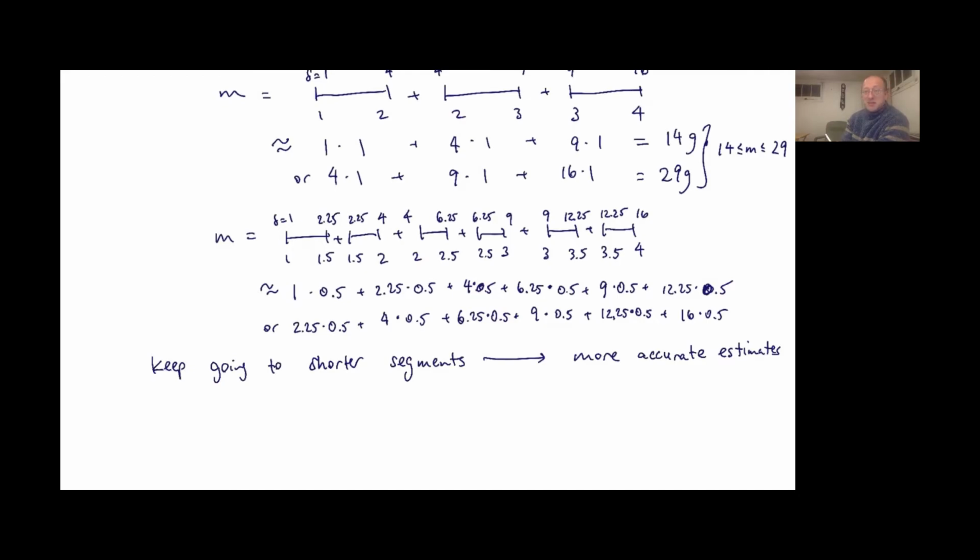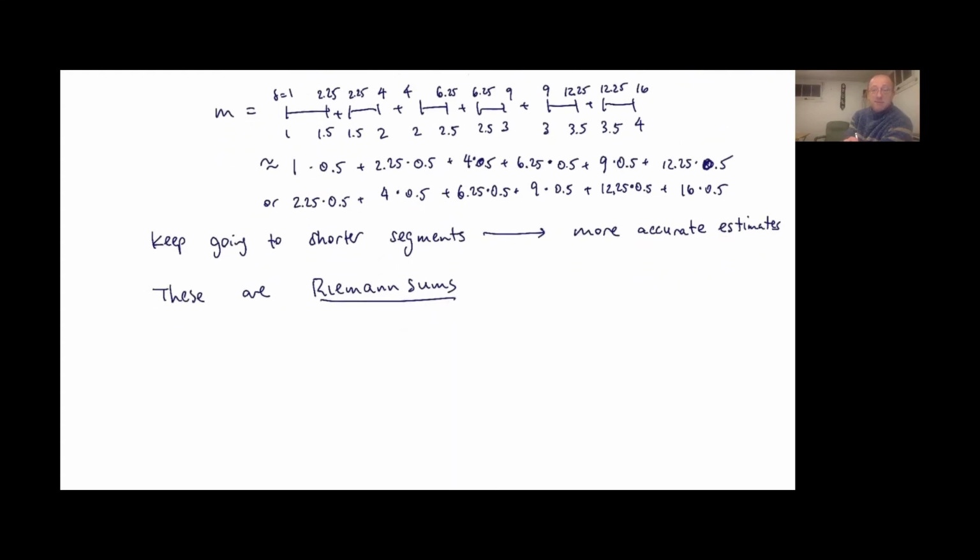Okay, do you see where this is going? These are Riemann sums. We're just taking a summation of however many pieces there are. We started with just one piece, and then we went to 3, and then 6. So however many pieces, and then we're adding them up.